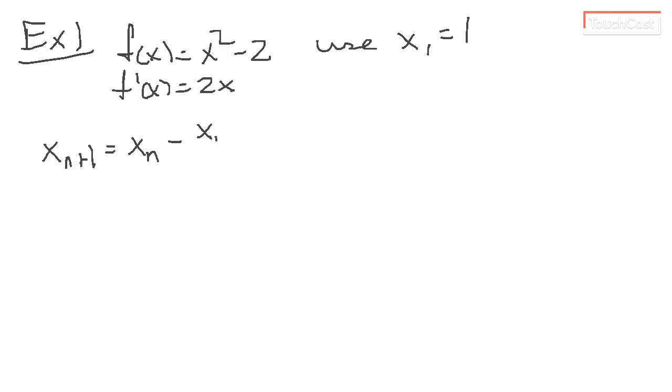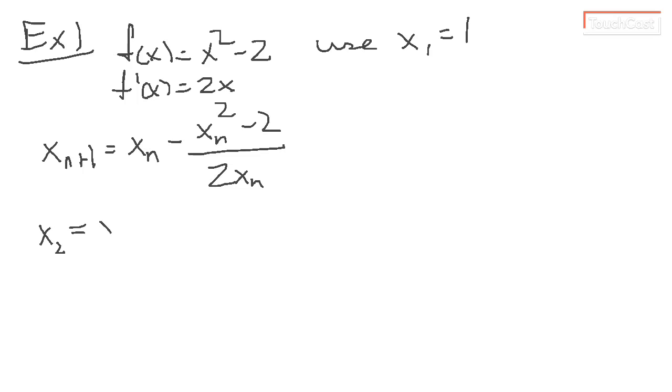So we're going to have x_n squared minus 2 over, and again, we're going to do the same thing in the derivative. Replace x with x_n. So we're going to have 2x_n. Now, if we want to find x2, that means we're looking for x of 1 plus 1.